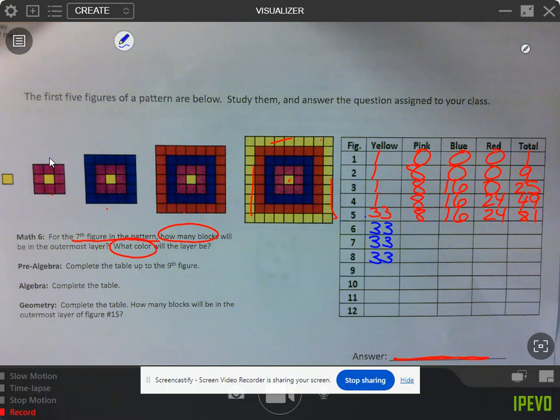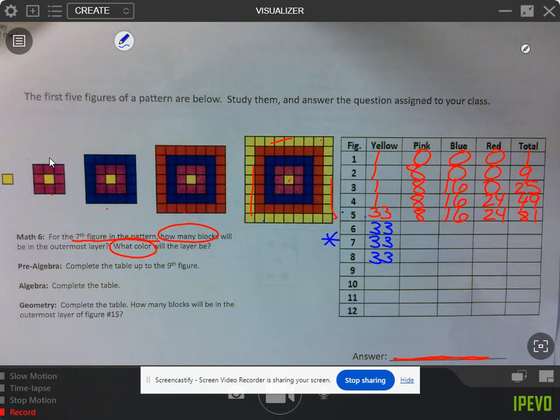So if that yellow isn't jumping up to change in the 7th row, is that gonna be on the outside? No, because it only jumps up when that yellow is on the outside. So in figure 5, when the yellow was on the outside is when the number jumped up. So I know it's not gonna be yellow.